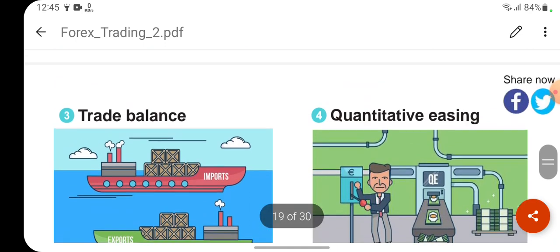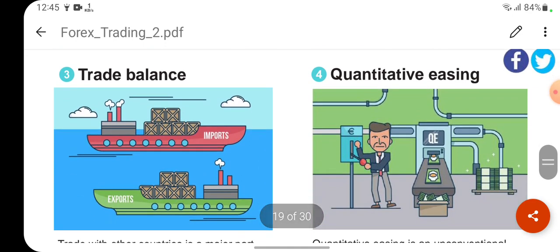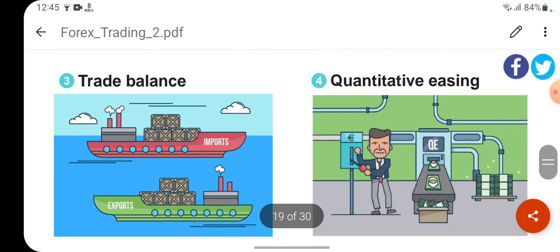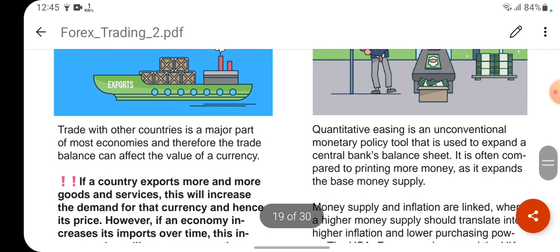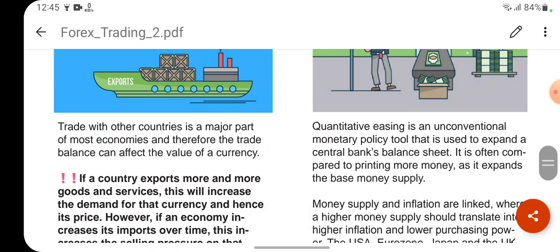So now, what is quantitative easing and how can it move forex trading? Quantitative easing is an unconventional monetary policy tool that is used to expand a central bank's balance sheet. It is often compared to printing more money as it expands the base money supply.